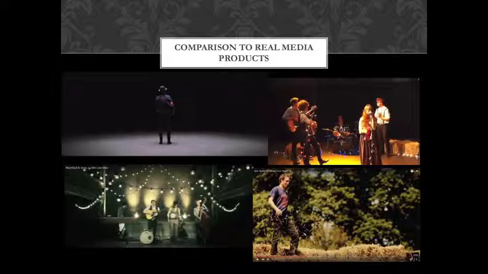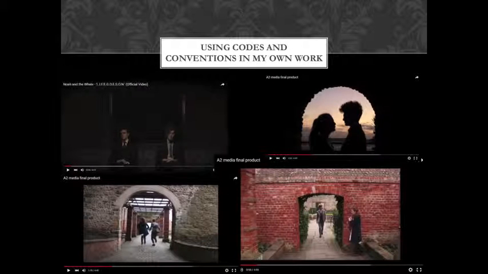And then the Mumford and Sons video in the bottom left hand corner has lots of lights. It's very well lit. They aren't quite fairy lights, but it's got a similar kind of look to the look that I went for in my product.